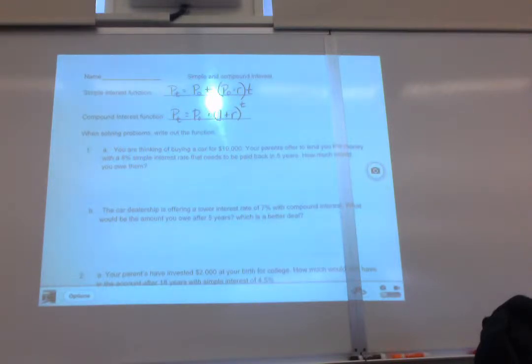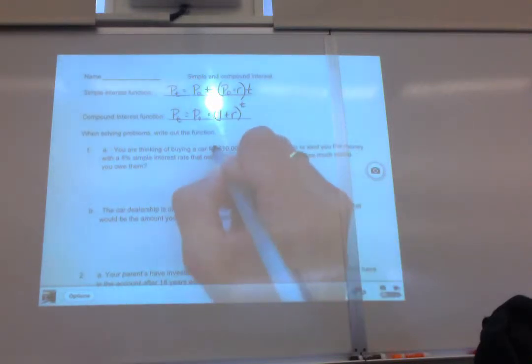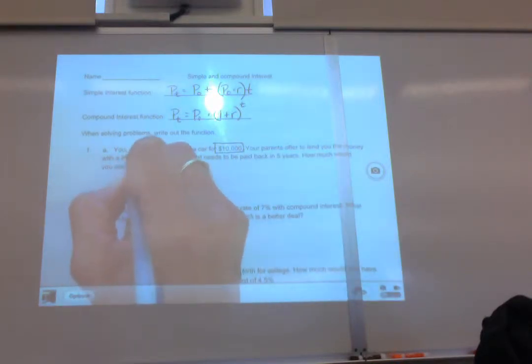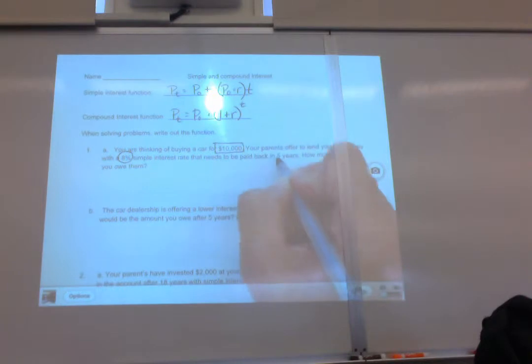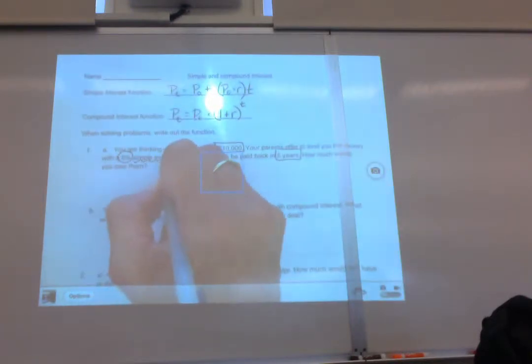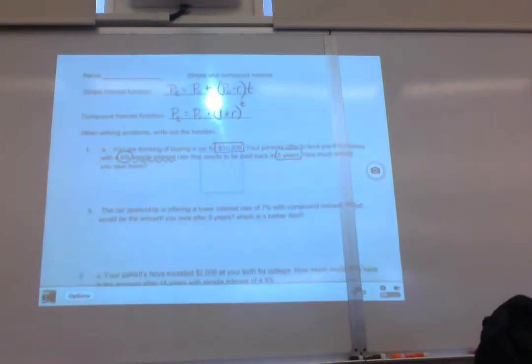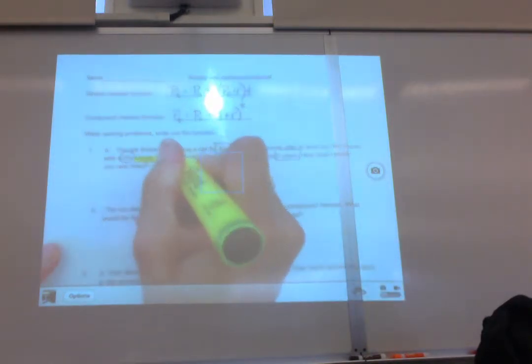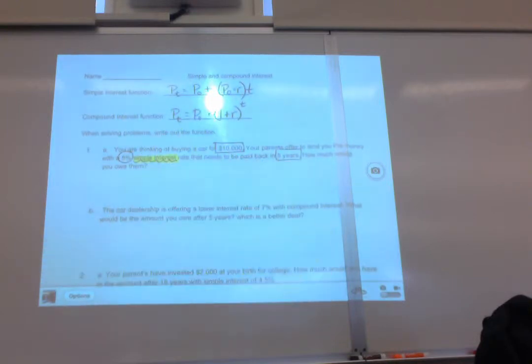Box the important information. Go through what he just read and box the important information. Carefully figure out if you're working with simple or compound interest.